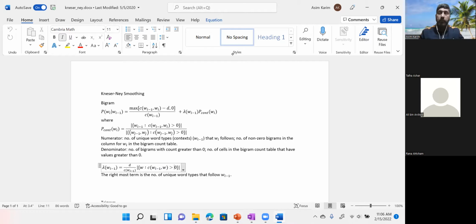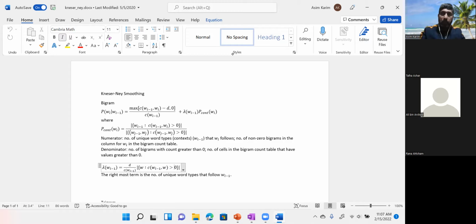So we wanted to find how many bigrams for which this w_{i-1} is non-zero, meaning how many bigrams have w_{i-1} as the preceding word.